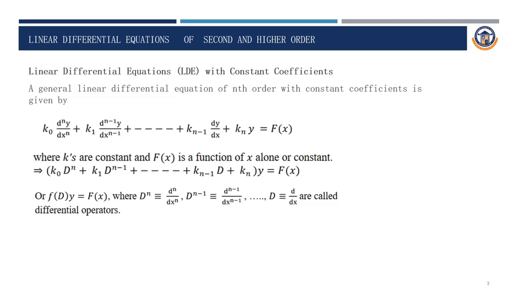This is the linear differential equation general form for the nth order. Here all the k's, that is k naught, k1, k2 and so on up to kn, are constants, and this right hand side F of x is a function of x alone or a constant.